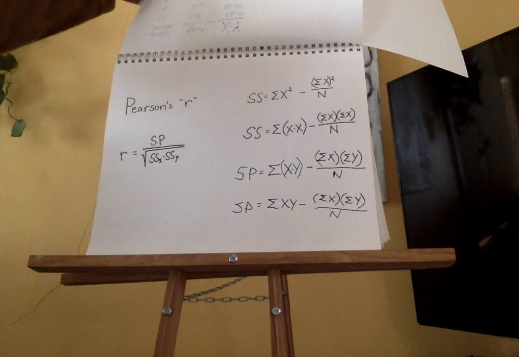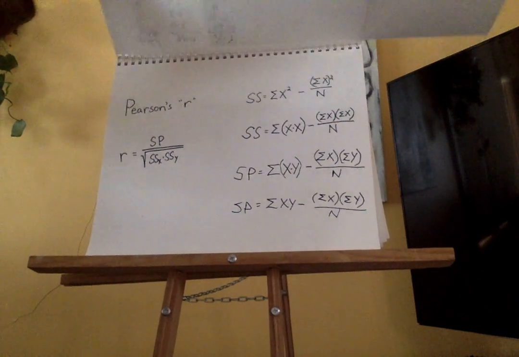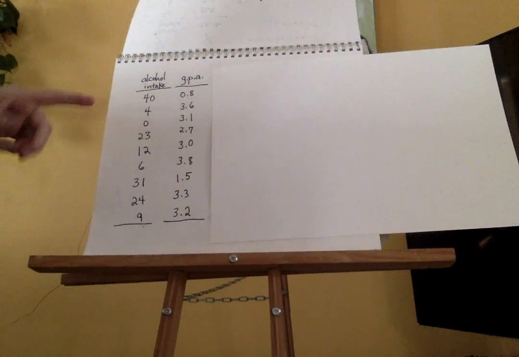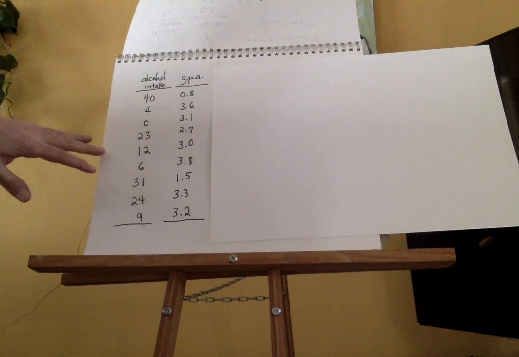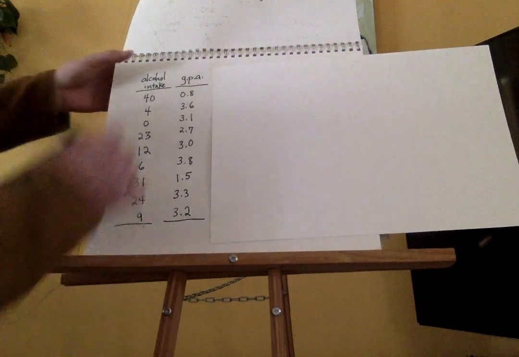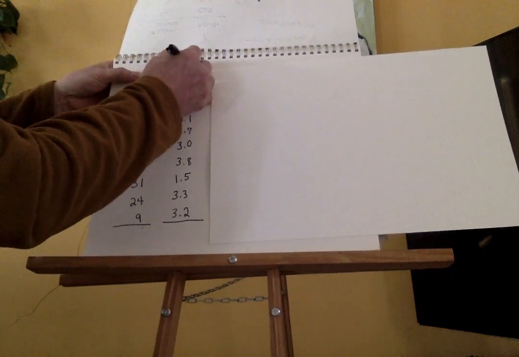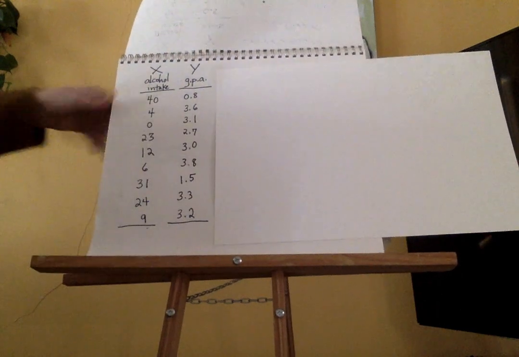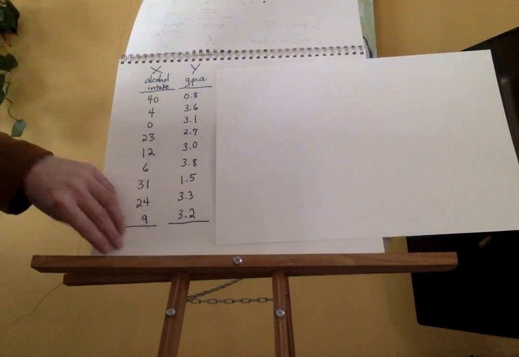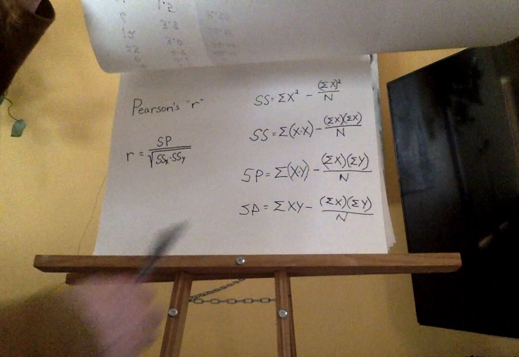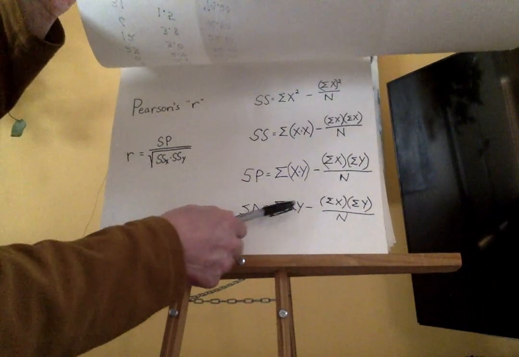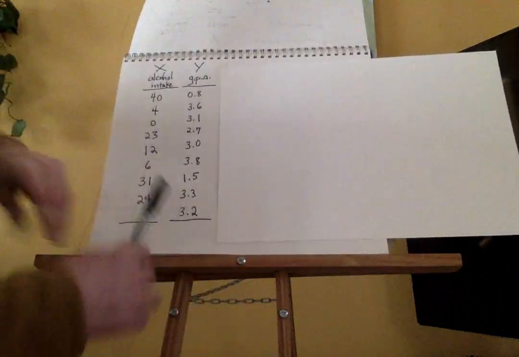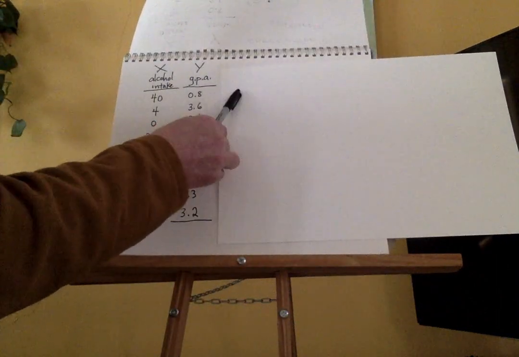So let's go back to our data, and when you do the computations here, I'm going to have you do computations for the final, okay? I have my x values, I have my y values, but what I need to do to get this right here, okay? I need to do x times y, we'll get that value.